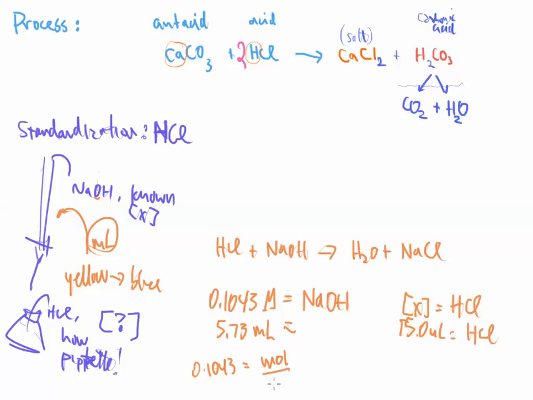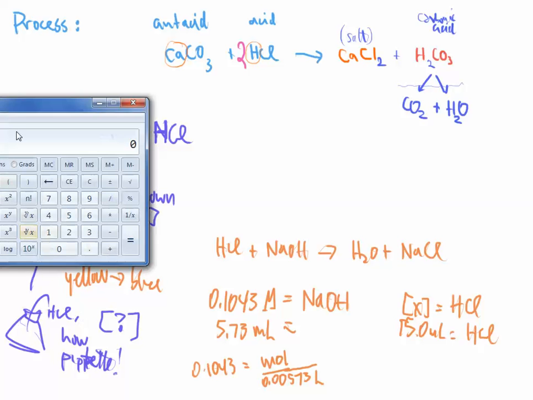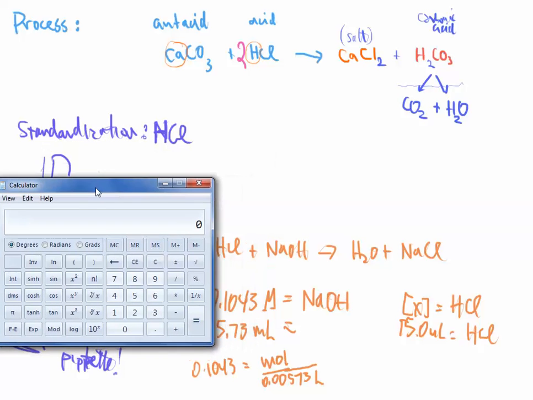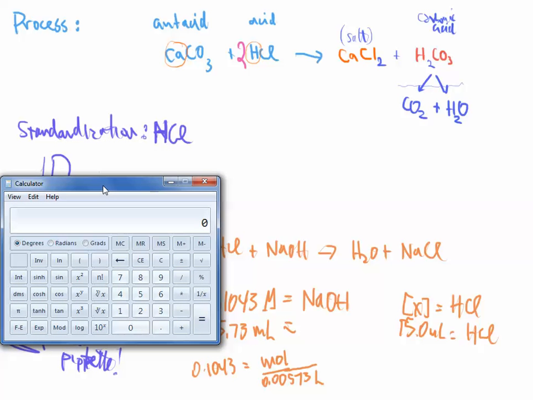Now this is mils, so I'm going to convert it over to liters, because that's my molarity formula, right? Molarity is equal to moles divided by liter. I know the molarity of the NaOH. I know the volume of NaOH that it took. So I can use my handy-dandy calculator in order to solve how many moles of sodium hydroxide it took to titrate this sample.